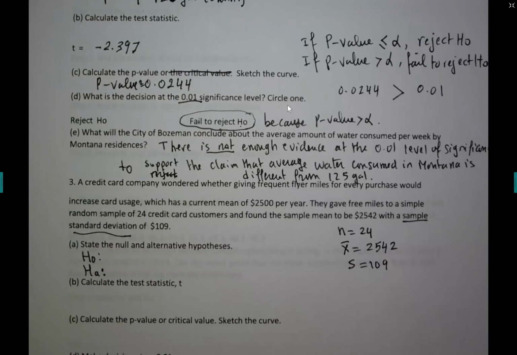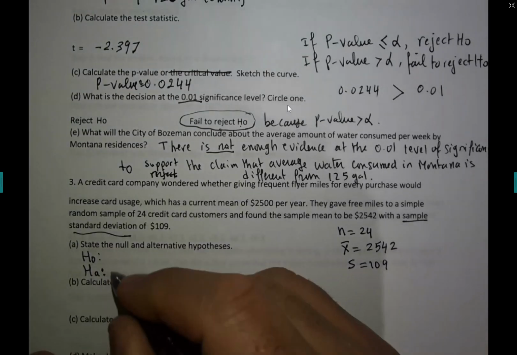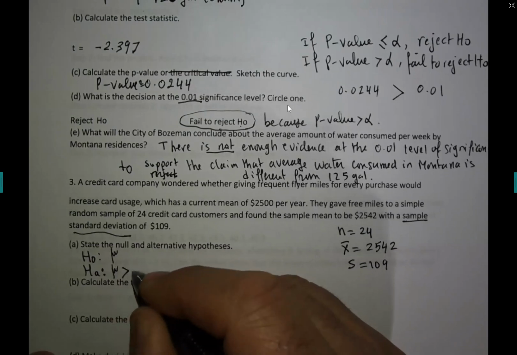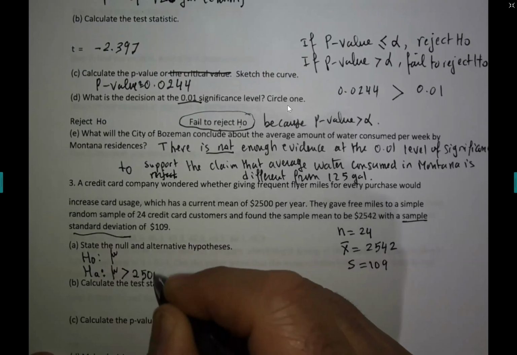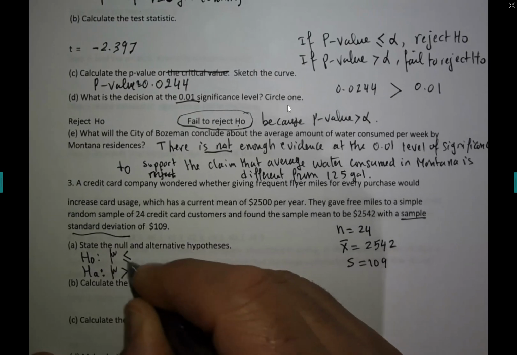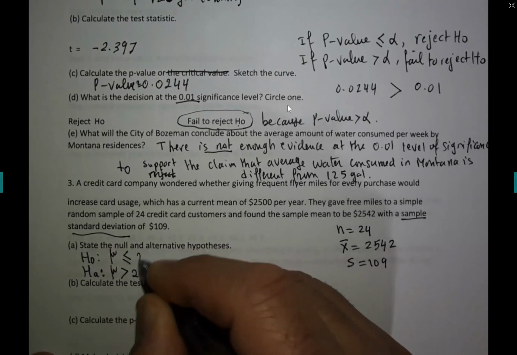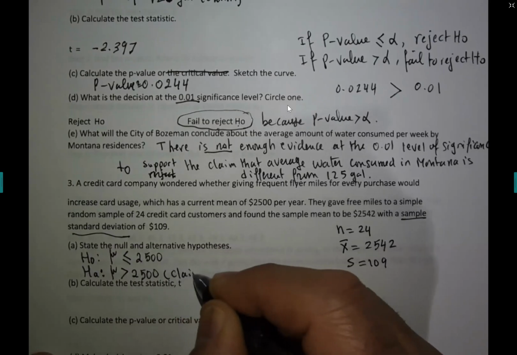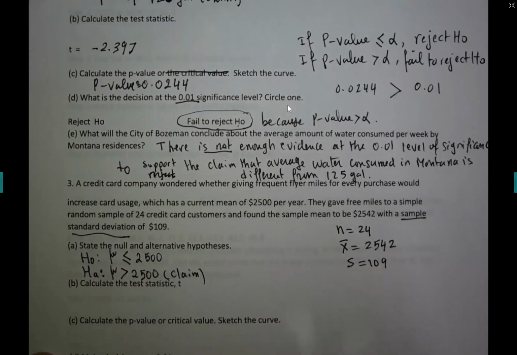So what would be the null and the alternative, guys? Any response? Increase means beyond 2,500. And then the null hypothesis will be less than or equal to 2,500. So that's the claim. Okay, that's a t-test.